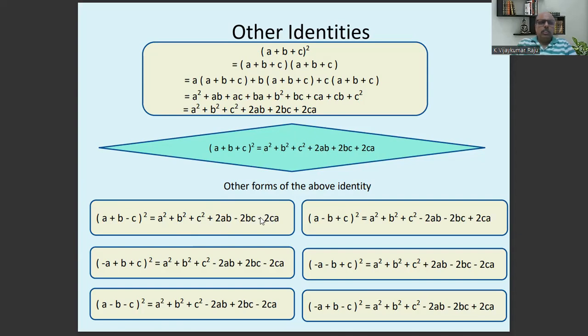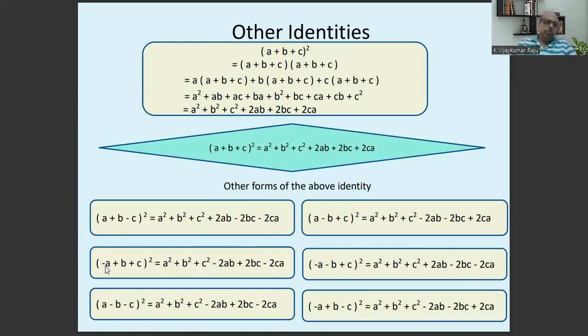So what you have to do is see which are the two terms which are negative among these. There you put a minus sign. Now here, second case, B is negative. B is negative means these two terms are having negative, so put a minus sign. The identity remains the same. That is A square plus B square plus C square minus 2AB minus 2BC plus 2CA.